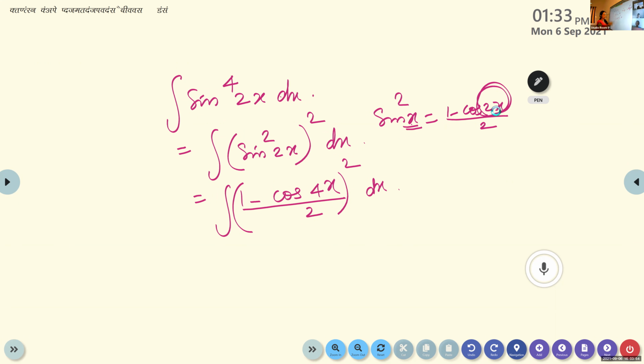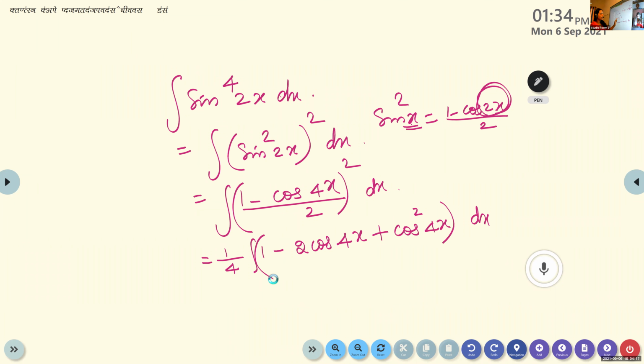So the 1 by 4 being constant, we can take it outside. It becomes integral of 1 minus 2 cos 2x plus cos square 2x into dx. We expand using a minus b the whole square, which is a square minus 2ab plus b square. Is it okay, Sania?